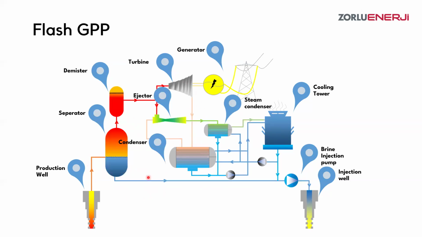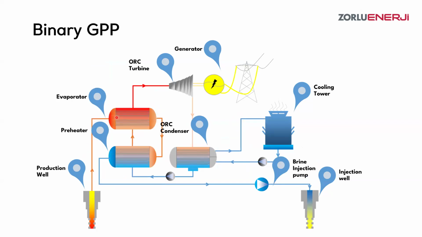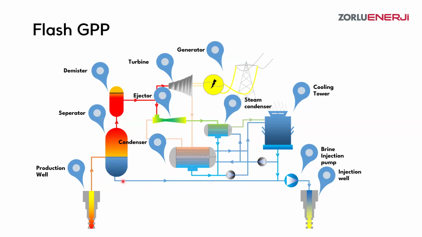But you can incorporate or integrate a binary power plant from this part of the line, and you can think of this line going to the evaporator because it is the same content. It only depends on how much energy remains after the separation, okay?